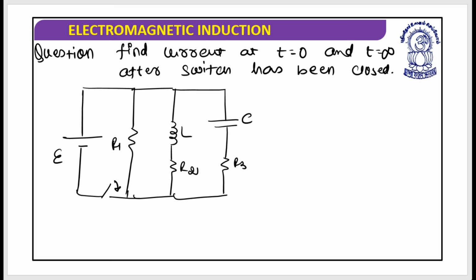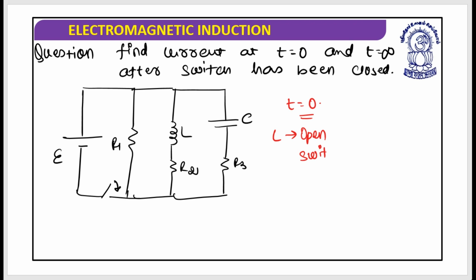So first thing I must understand is what happens to the capacitor and inductor and at which time. At t equals 0, as first thing, it is a growth of a current. At t equals 0, inductor behaves as what kind of situation? Yes, at t equals 0, inductor behaves as an open switch.